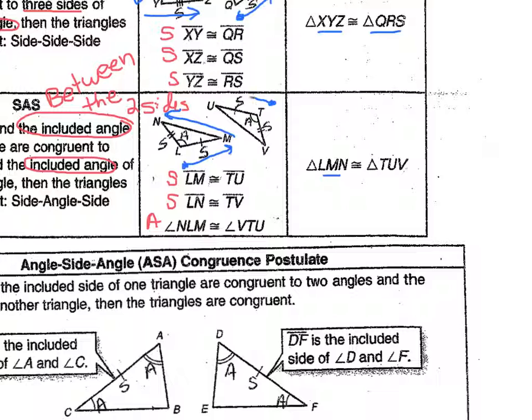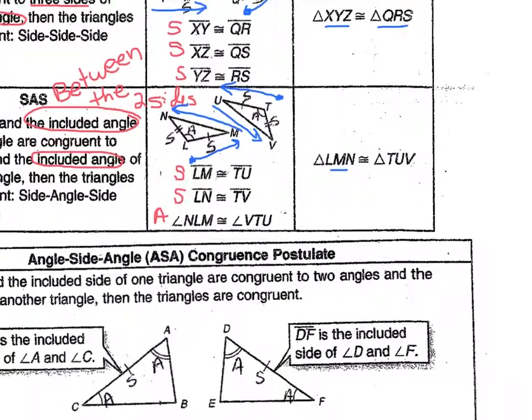So single mark means coming this way. So it should be TU and then goes to V. TUV. So you have to make sure that you go with the corresponding part that you started with. If you started at angle L, L corresponds to T, so you got to start at T. Okay? Any questions on side, angle, side?